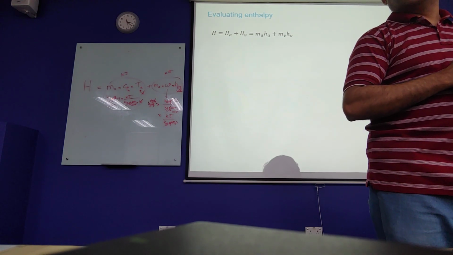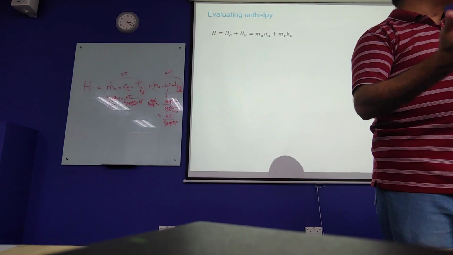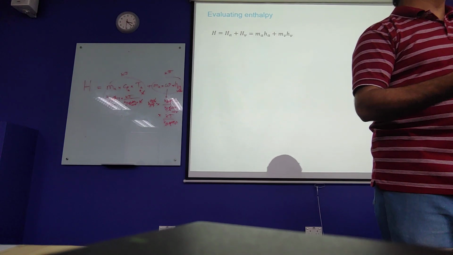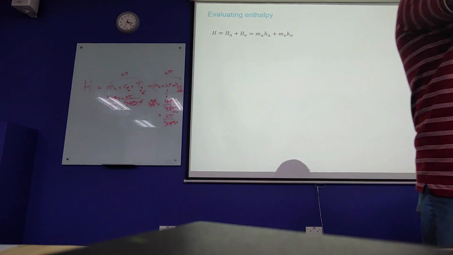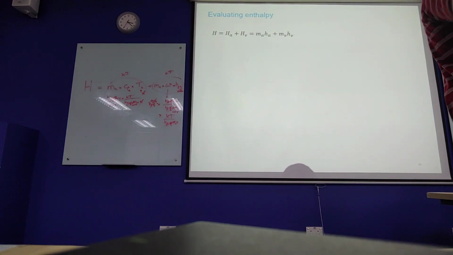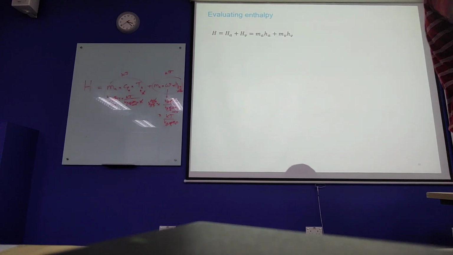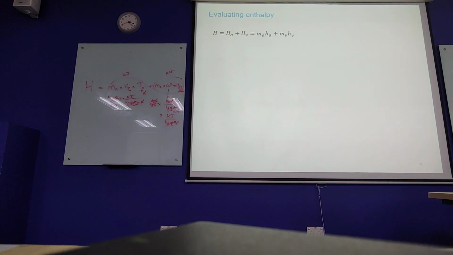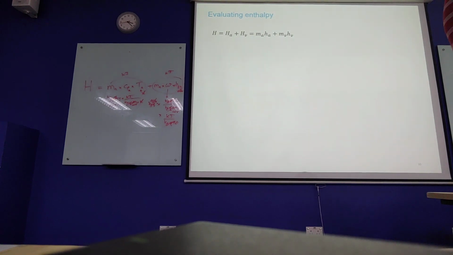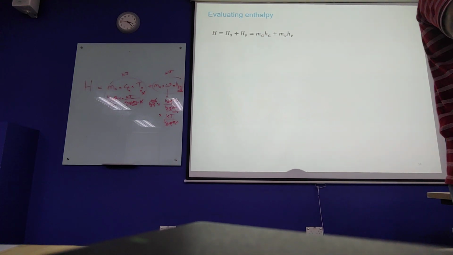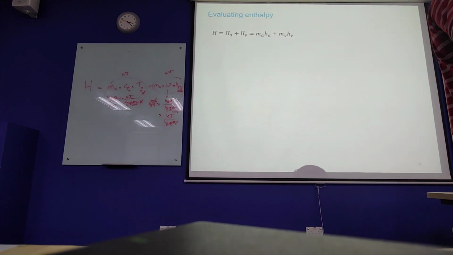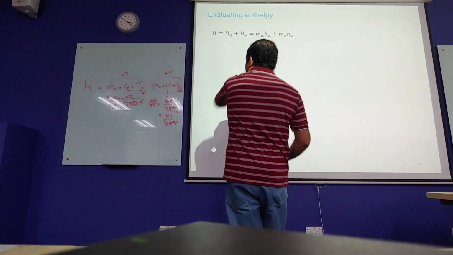Pitot tube manometers or digital pitot tubes these days can measure the velocity of air. Once you know the velocity, you know the cross-sectional area of the duct, whether this is a square, rectangular, or circular duct, area times average velocity will give you the volume flow rate of air. You know the temperature, so you can find the mass flow rate of air, knowing the density. So getting the mass flow rate of air is easy.